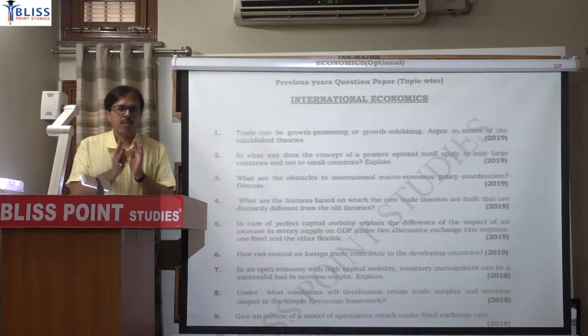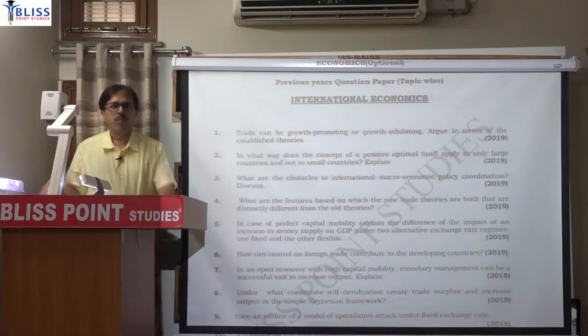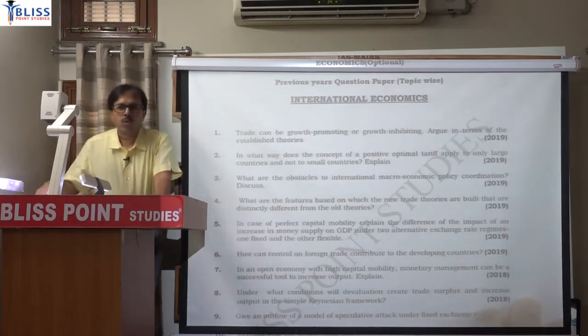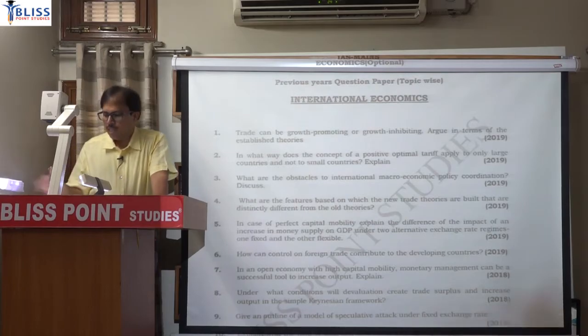They are based upon certain principles. So how are those principles differing from the new trade theories? New trade theories have a different feature as compared to the old. So you must know the differences. You are not explaining any specific model, you must know those differences.